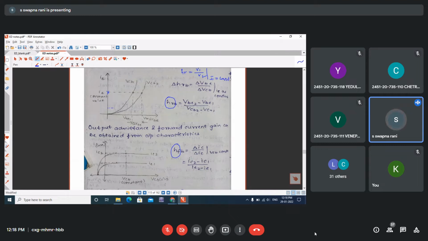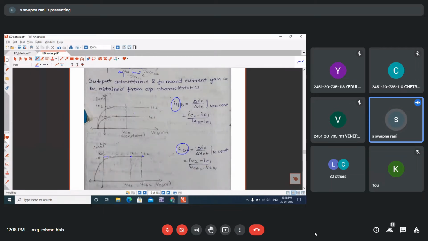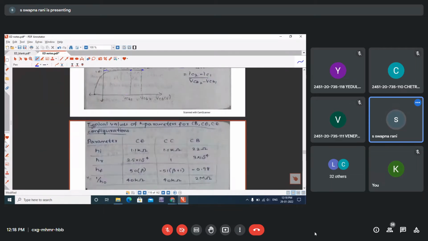You should not take the current at this place. Take a constant current, draw a line, and it will intersect the two curves. This difference in VCB1 and VCB2 gives you the delta V2, and this difference gives you the delta V1. Like that you can find HF and HR.